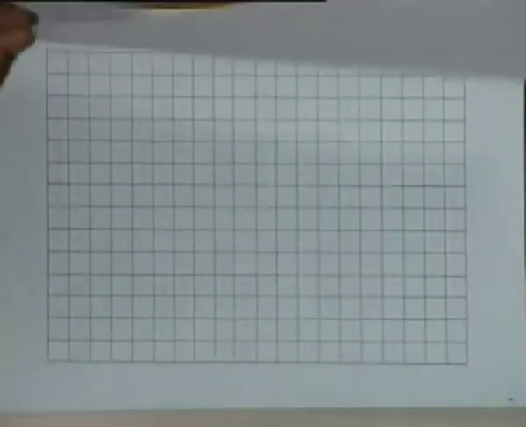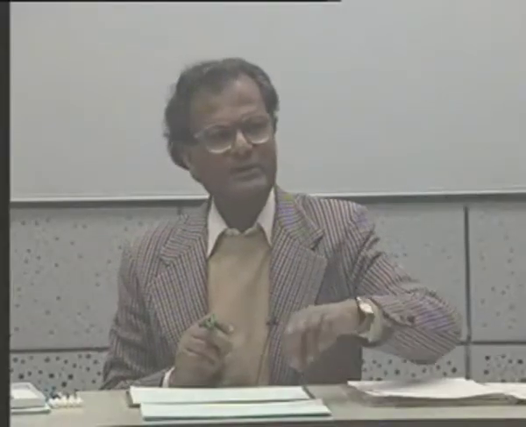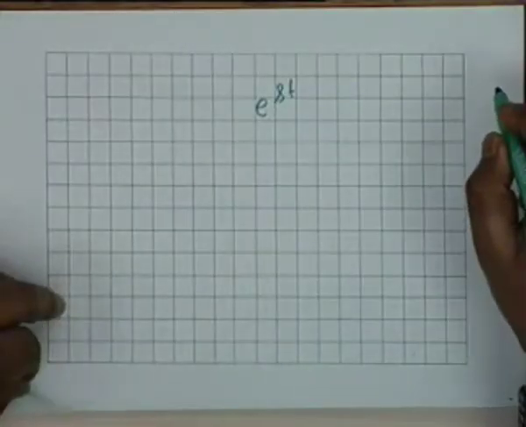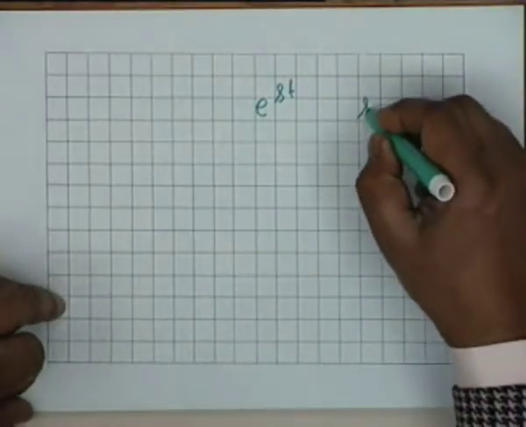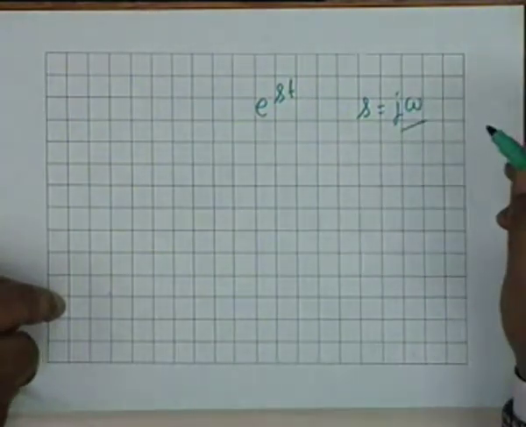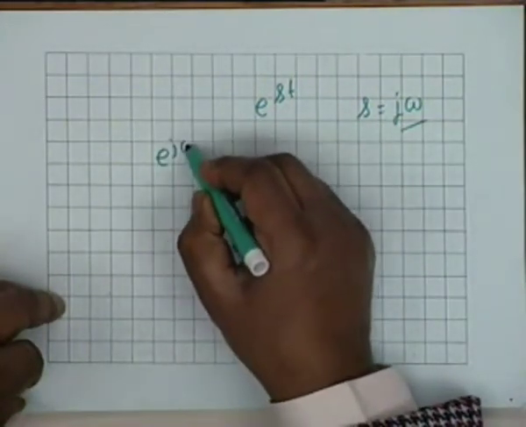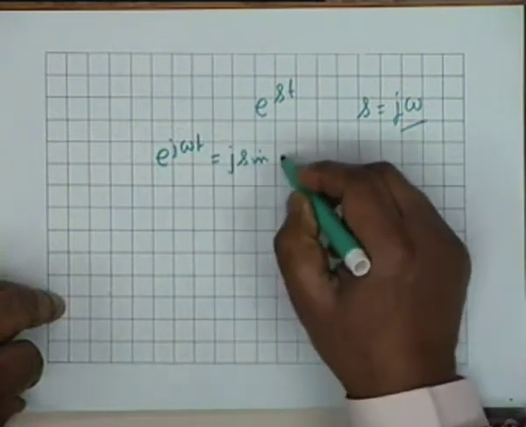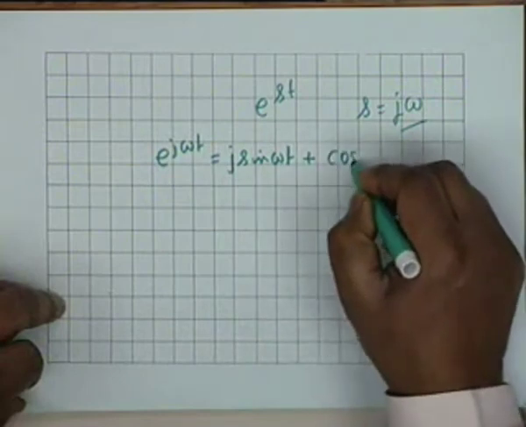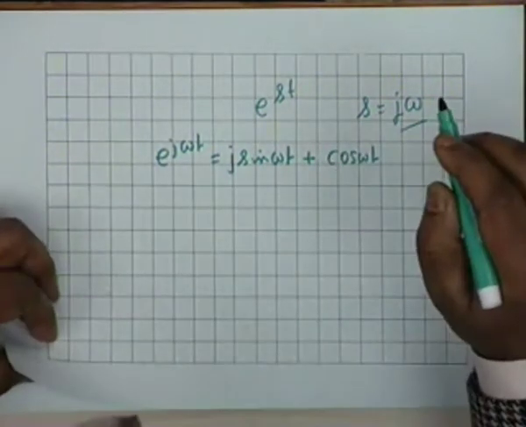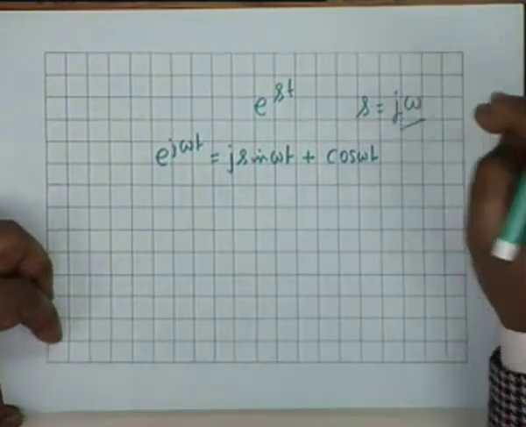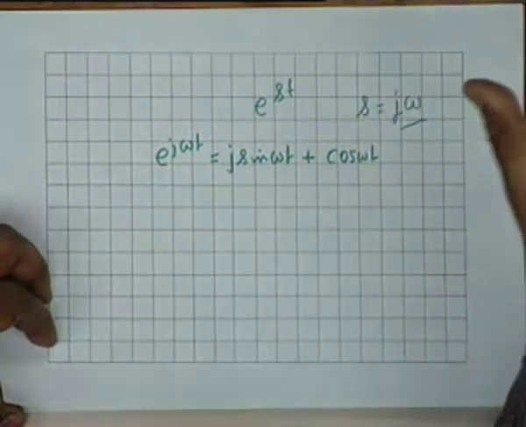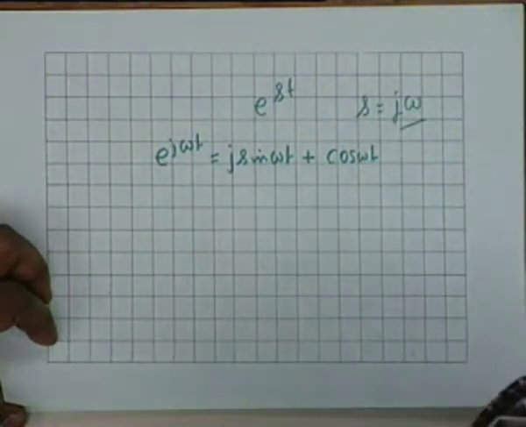One very special case of the excitation e to the st occurs if s is a purely imaginary quantity, if s is equal to j omega. Then this excitation becomes a combination of a sine and a cosine, cosine omega t plus j sine omega t: a real part which is cosine plus j times an imaginary part which is sine.